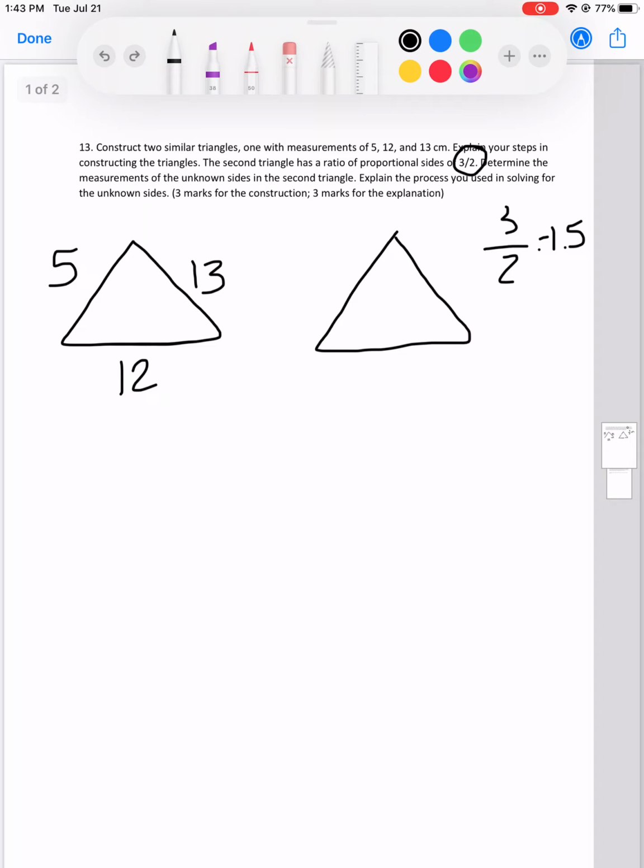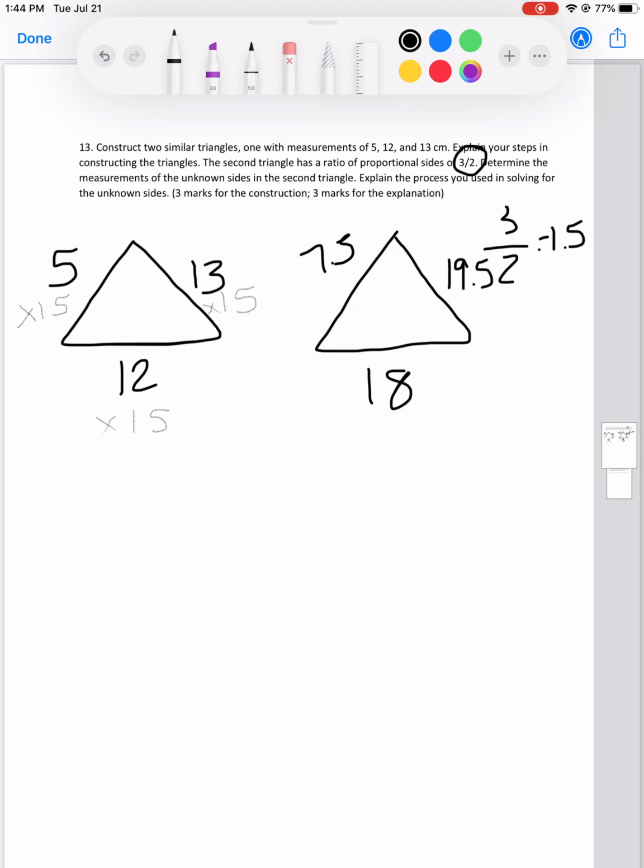So what I'm going to do is just take each side and multiply it by 1.5. Because it's three halves, or 1.5 times the side. 5 times 1.5 is 7.5. 18. And 19.5.